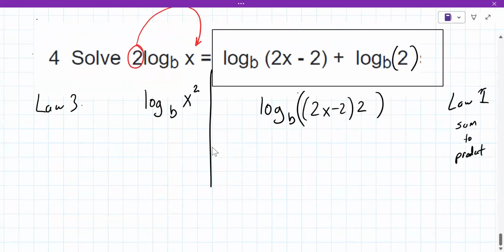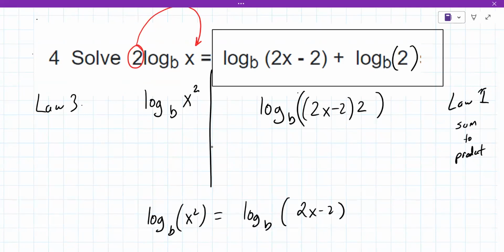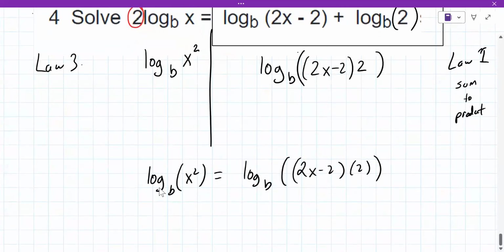So notice now that you have log base b of x squared equals log base b of 2x minus 2 times 2. From the previous problems we've been doing, it's no different here. What can you do now that the log base b is the same in both?